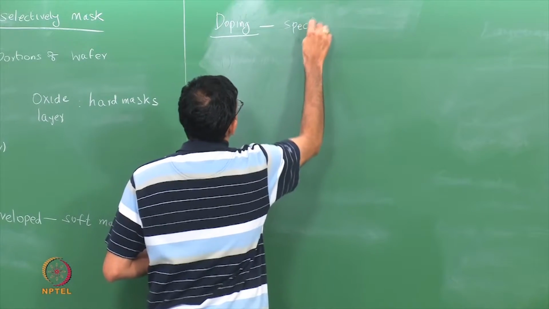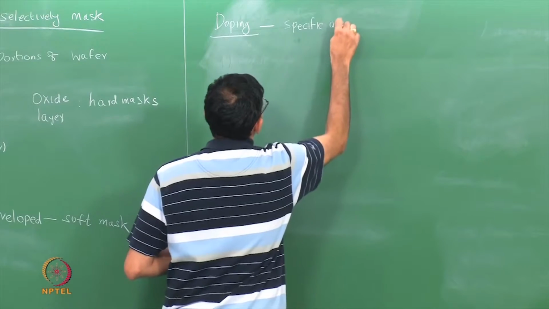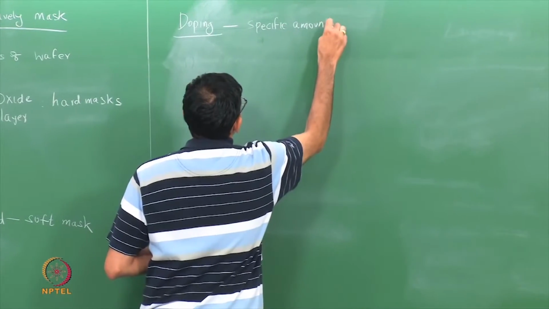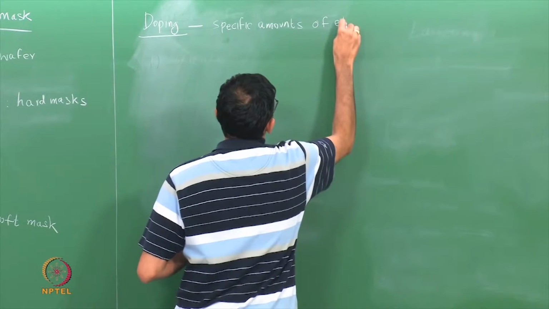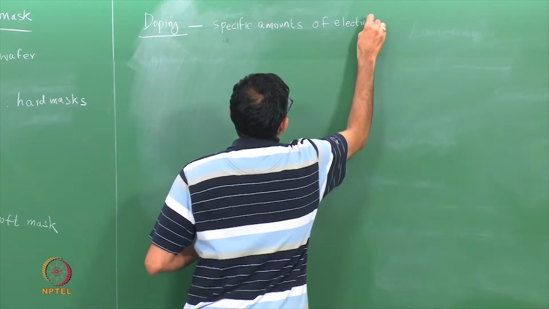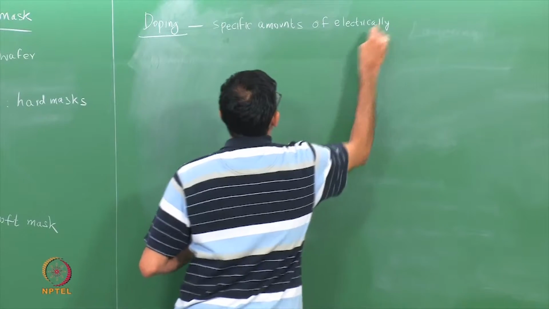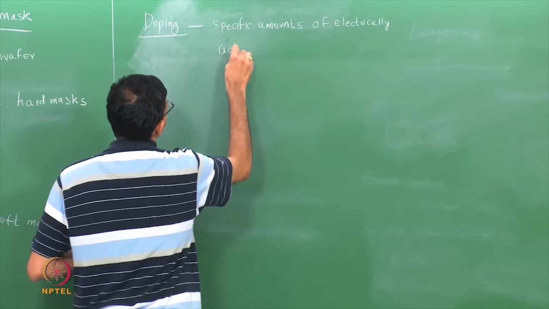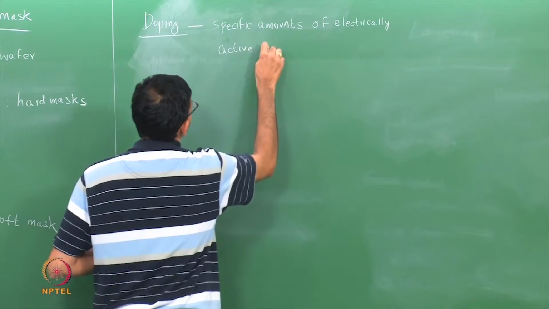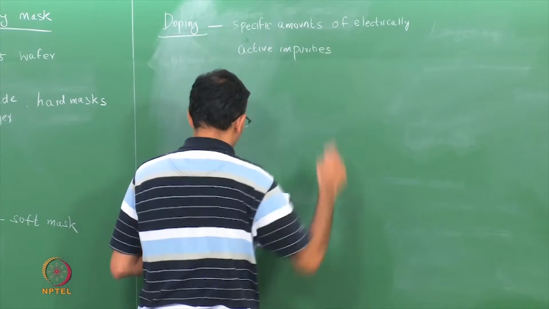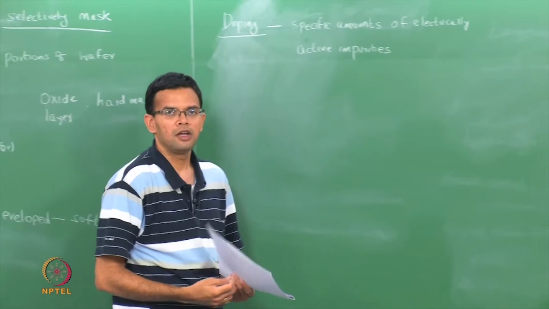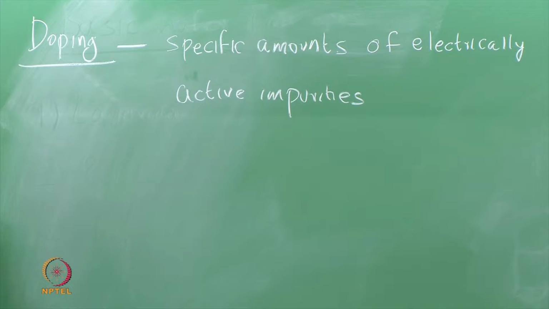So, you want to add specific amounts of electrically active impurities to your wafer in order to get desired electrical properties.